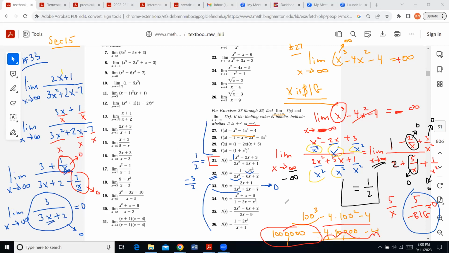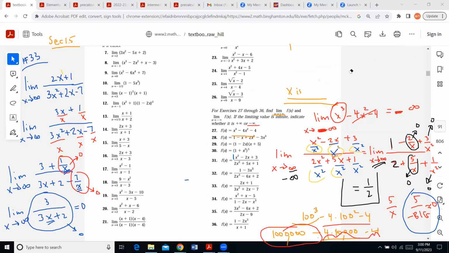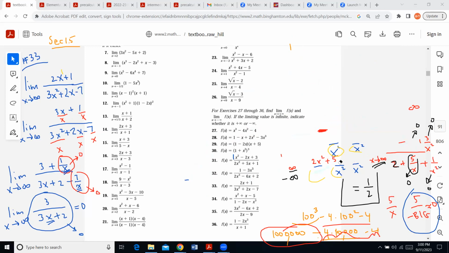So it turns out there is a third possibility here, because we are considering the so-called degrees of the numerator as well as the degrees, or largest powers, of the denominator. So we're looking at these powers and we say, if the powers are the same, we just divide those leading coefficients.